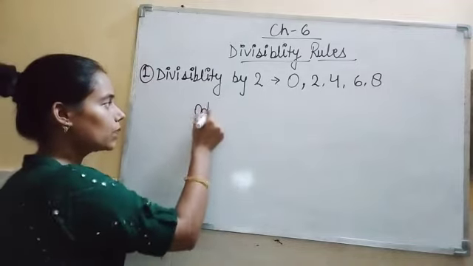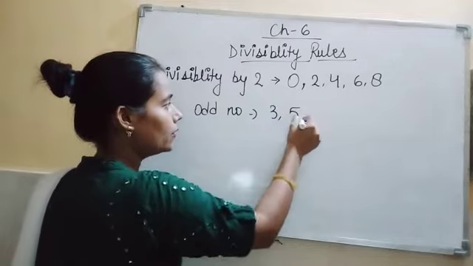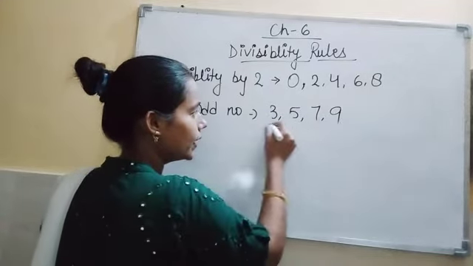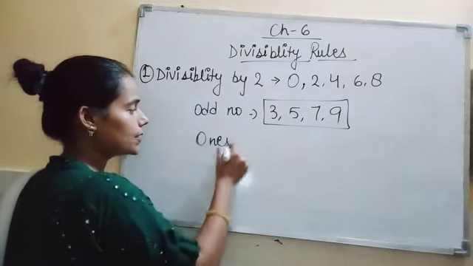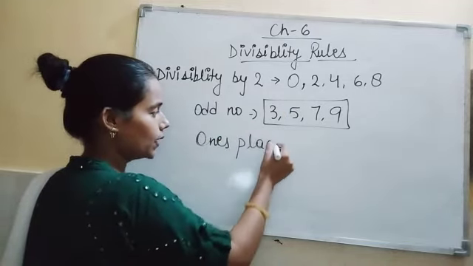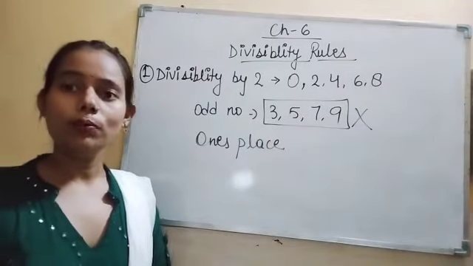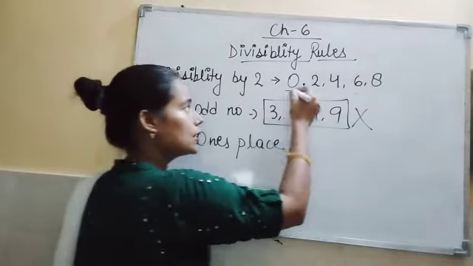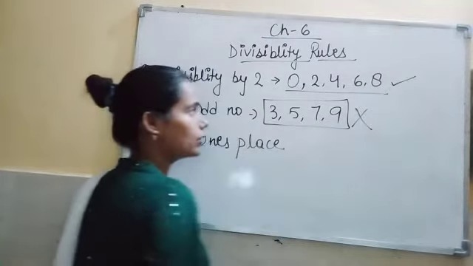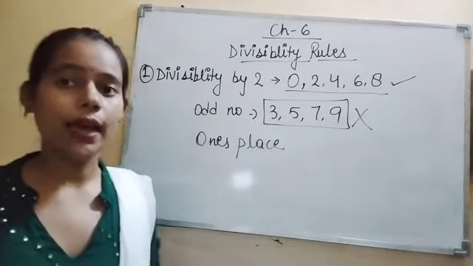Odd numbers like 3, 5, 7, 9. If these numbers are written on the ones place, then our number is not completely divisible by 2. If 0, 2, 4, 6, 8 is written on the ones place, then our number is definitely completely divisible by 2.